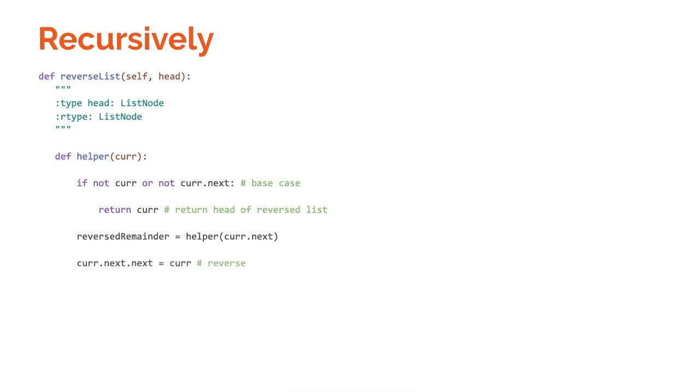And once we've actually gotten something back from this helper, then this is where we actually do the reversing. Current.next.next is equal to current, and then we also need to unset the next pointer on our current node, and we will return this last node, which is going to be the first node of our reversed linked list. And our final return value, or what we actually call the function on, is going to be head. So we return helper head.